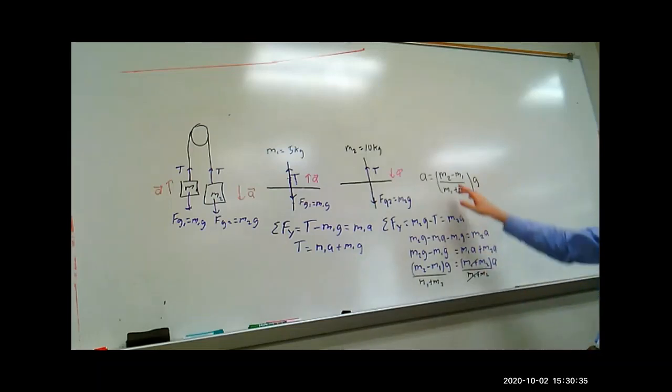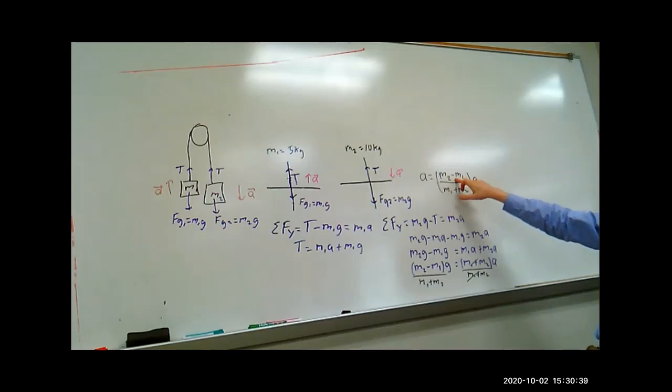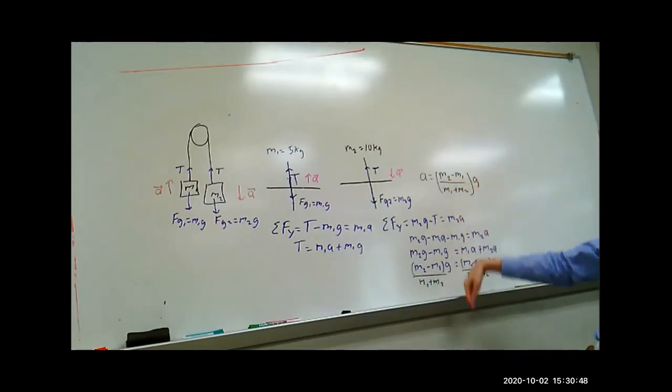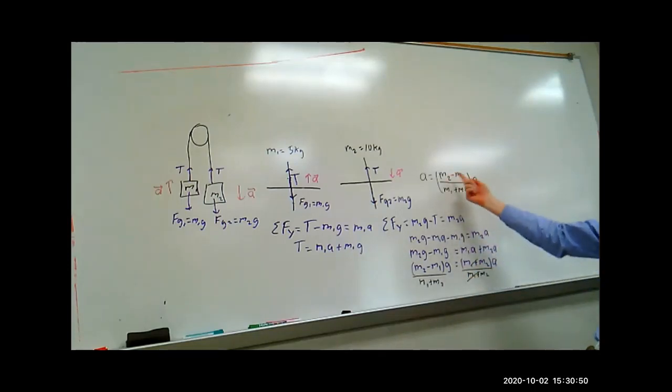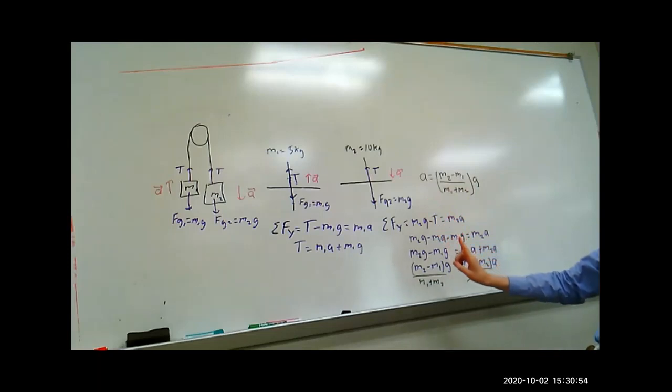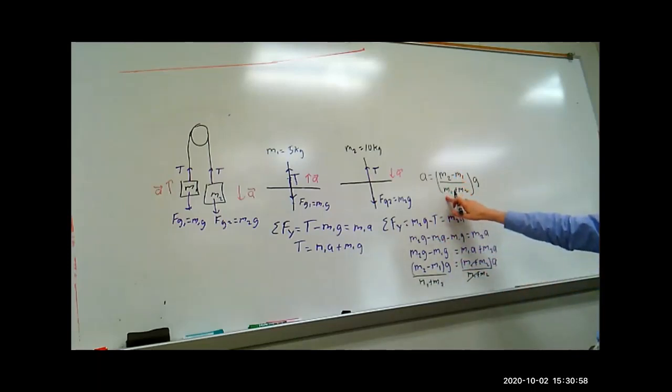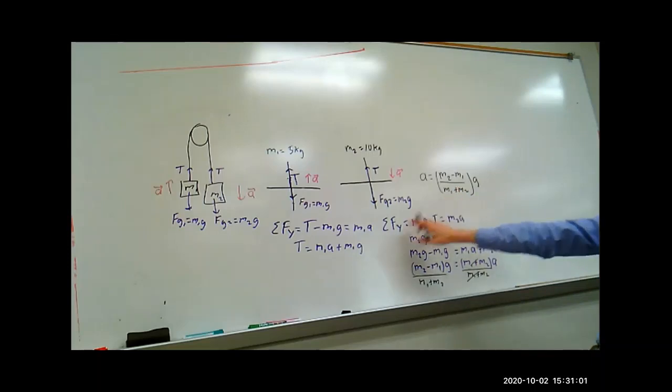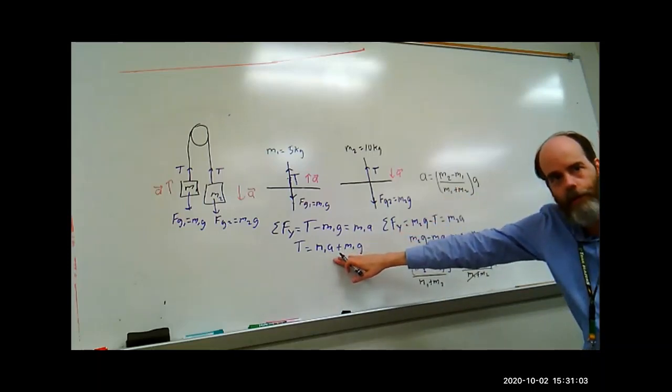Now you can see, if the masses are equal, the acceleration is going to be 0. If m2 is greater than m1, acceleration is positive. That means m2 is going down. If m1 is greater than m2, this thing is going to be negative. That means that m2 is going up. So once we get this a, put this a into this equation, and then we get what T is.